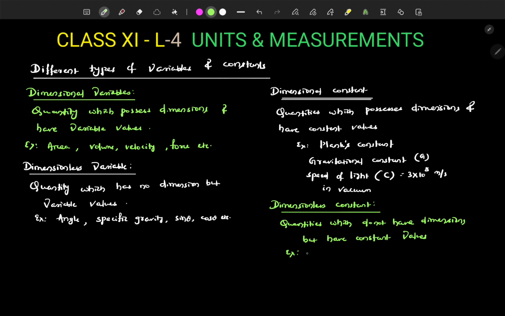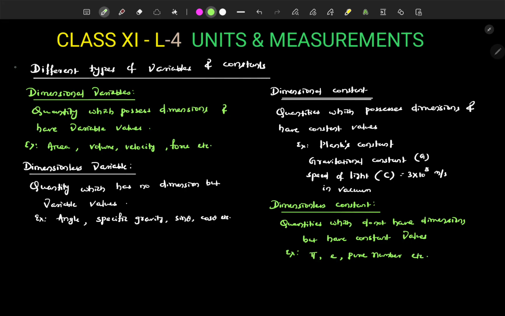For example, you may consider pi, Euler constant. Yes, dimensionless constants. Pi value is 3.14. Euler constant is nearly equal to 2.71. Having constant value and dimensionless. Any pure number you may consider, 1, 2, 3, etc. Any pure number has no dimensions, and they are constant quantities.